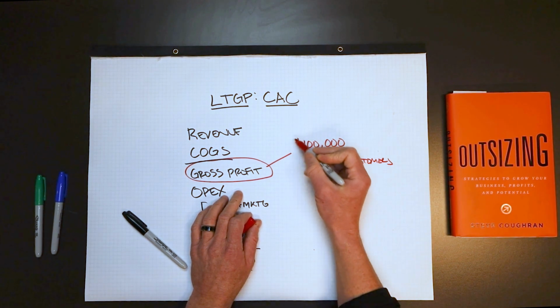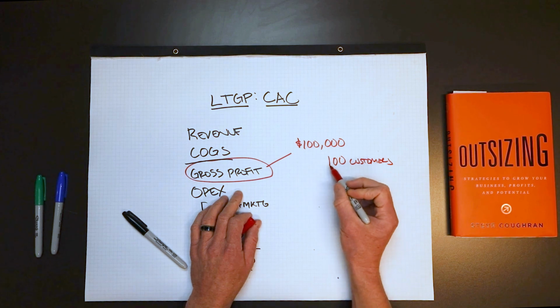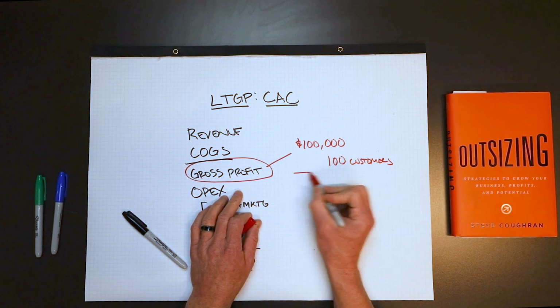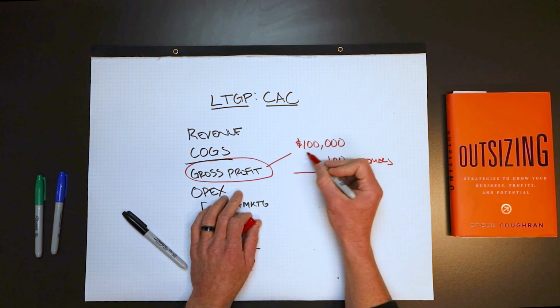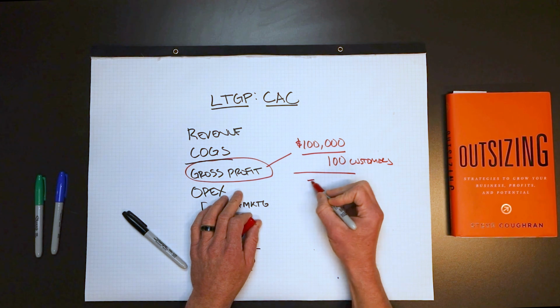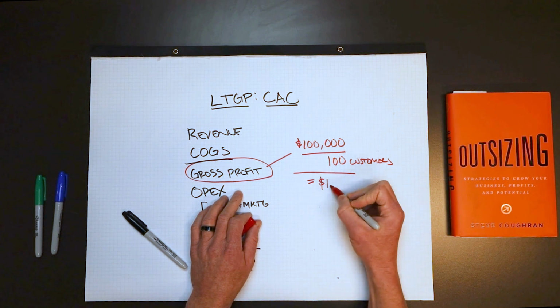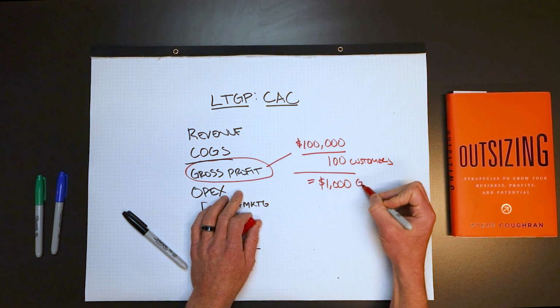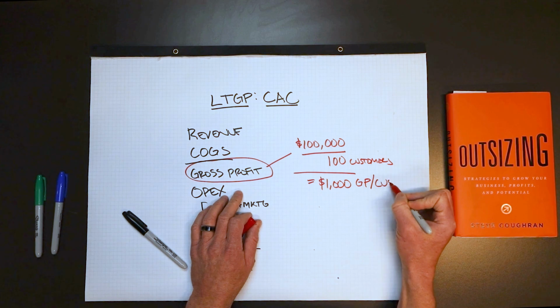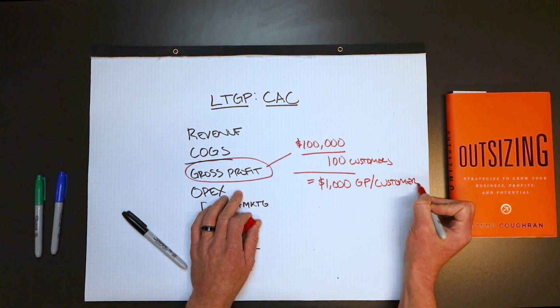Well, if you just take $100,000 over this period and divide by the number of customers over the same period, you get $1,000 in gross profit per customer, right? All right, so you follow me here?